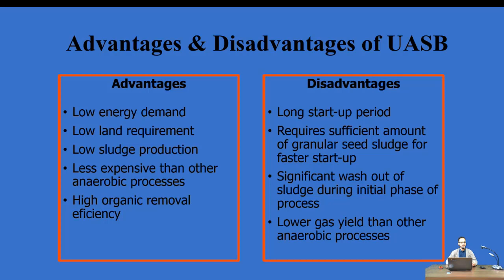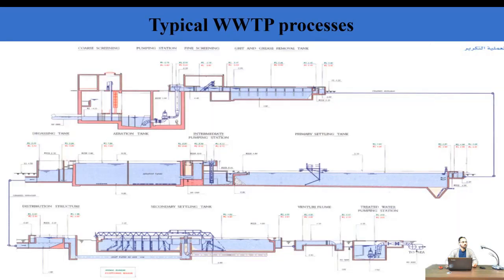That means the acclimatization period needs a long time, and it also requires a sufficient amount of granular seed sludge for faster startup, with significant washout of sludge during initial phases of the process. That means there is a problem of sludge washout because the flow goes from down upward. Also, the gas yield is lower than other anaerobic processes.